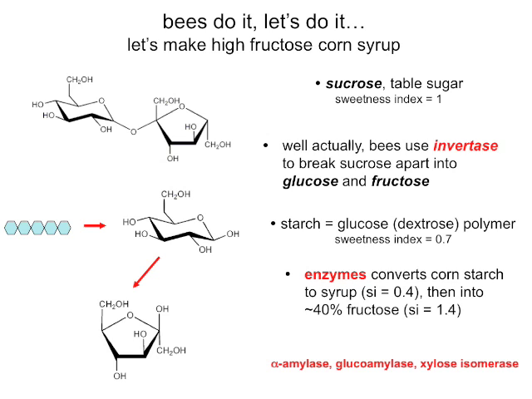So our goal as industrial chemists is to make a syrup that's very sweet. Slightly different reason than that of the bees, but we use a similar set of molecules, right? Enzymes, proteins, degrading complex carbohydrates into simple carbohydrates.